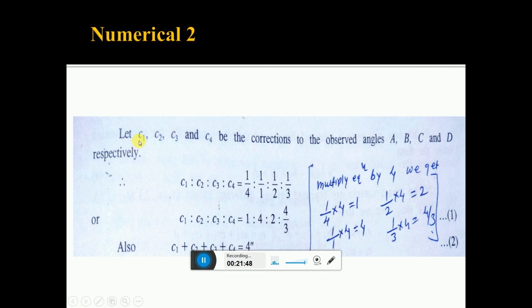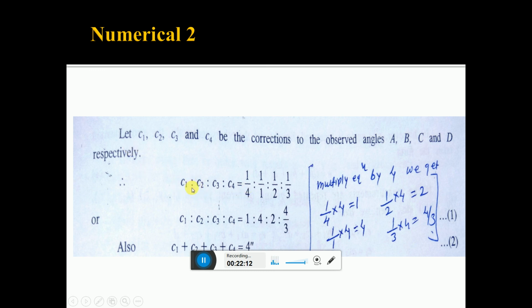Let us say C1, C2, C3 and C4 are the corrections to be applied to the observed angles A, B, C and D respectively. So, these corrections are inversely proportional to the weight.